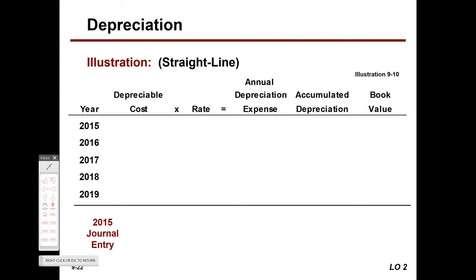Accumulated depreciation is the sum of all depreciation on that asset as long as the asset's been owned by the company. And book value at any given time is depreciable cost less accumulated depreciation. So let's take a look at this.